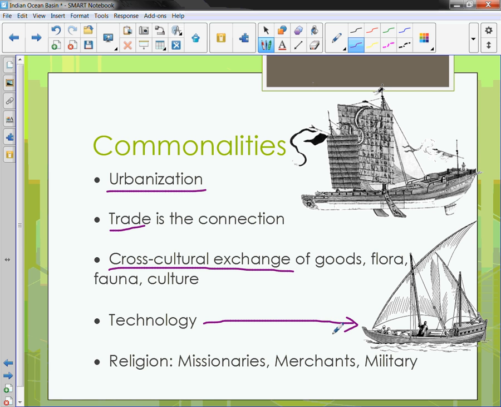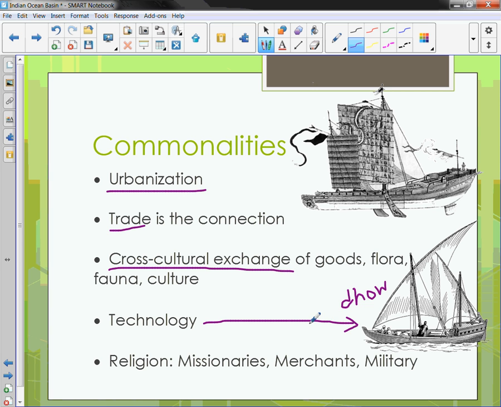the western part of the Indian Ocean basin, particularly Arab traders, African traders, preferred to use this boat or something similar called a dhow. And over this time period, dhows increased in carrying capacity and technology from carrying about 100 tons to about 400 tons.